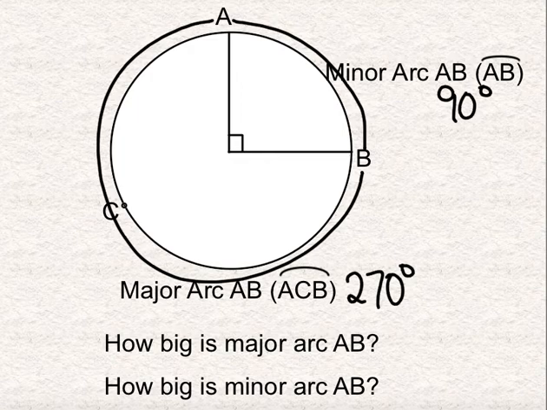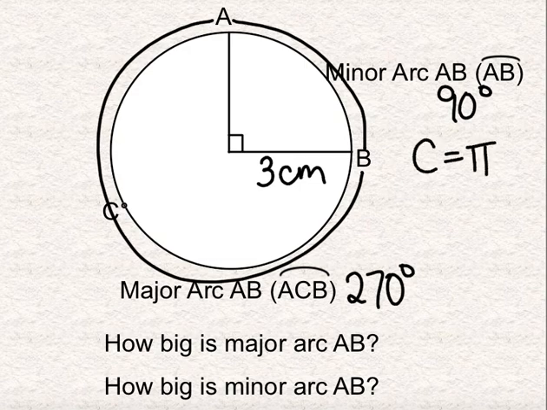Now let's say that we're looking at the circumference, and say we have a radius of 3 centimeters here. Well, when we're looking at the circumference of a circle, we know that is pi times diameter. But we only have the radius, so if we extend this, have another 3, that tells us that the diameter is 6.